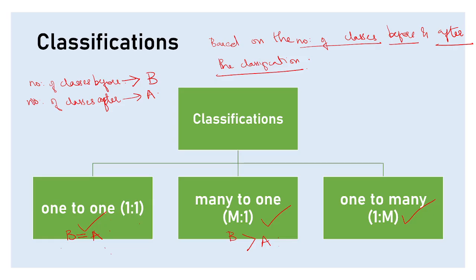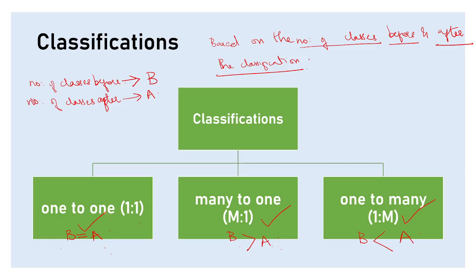If the number of classes before is greater than the number of classes after, we call it many to one. Then we have one to many. In one to many, the number of classes before is less than the number of classes after.